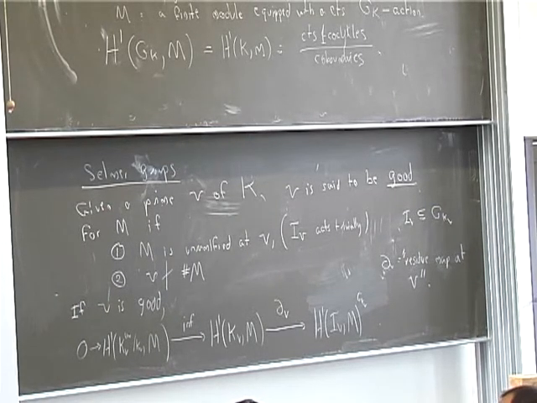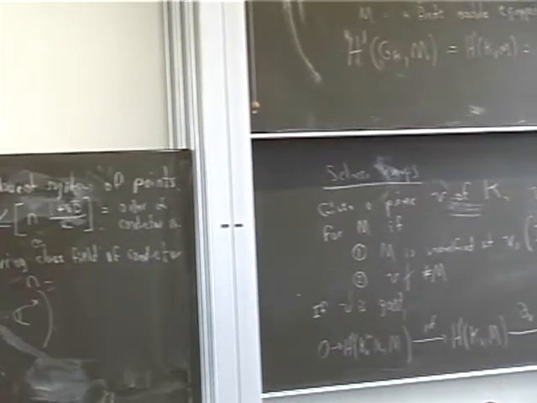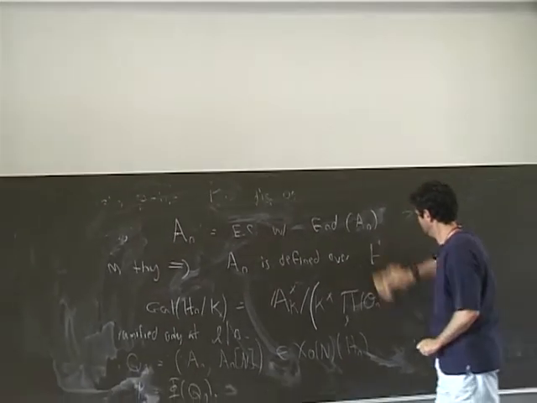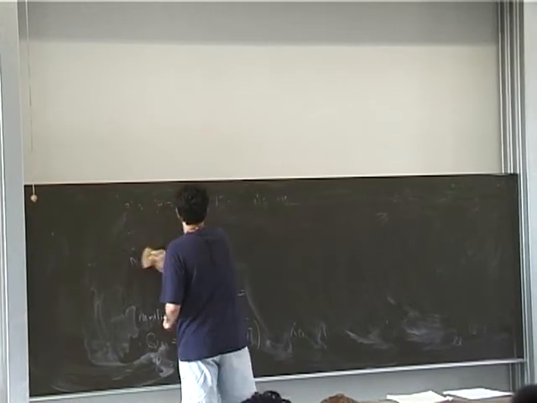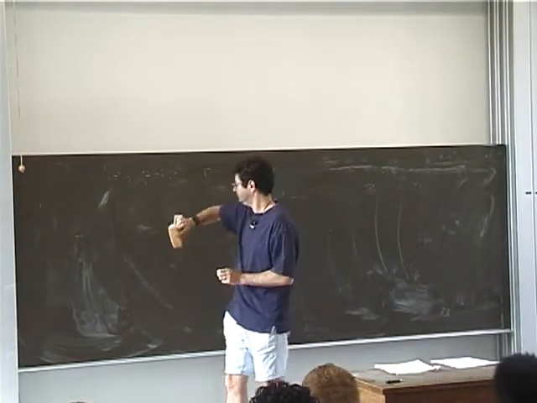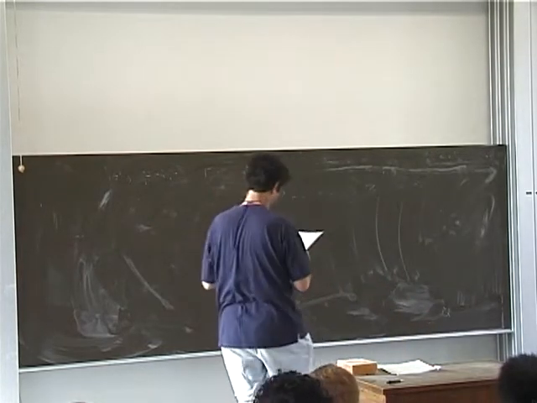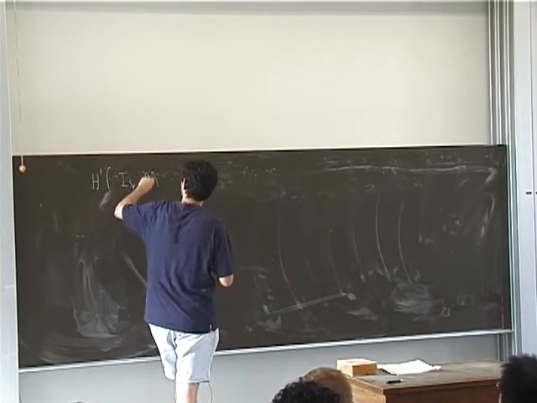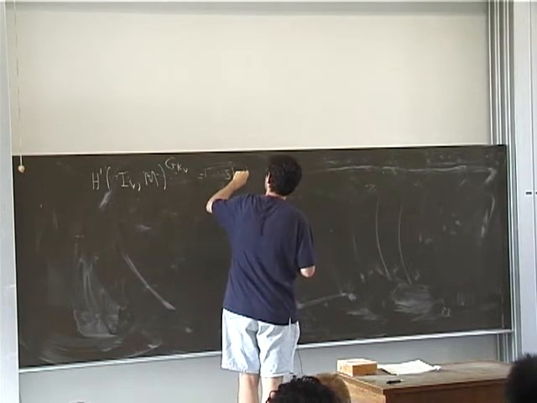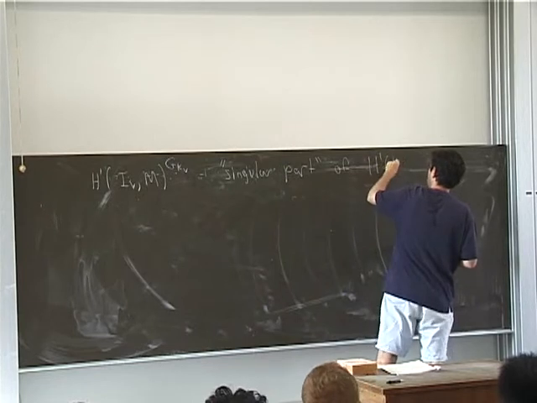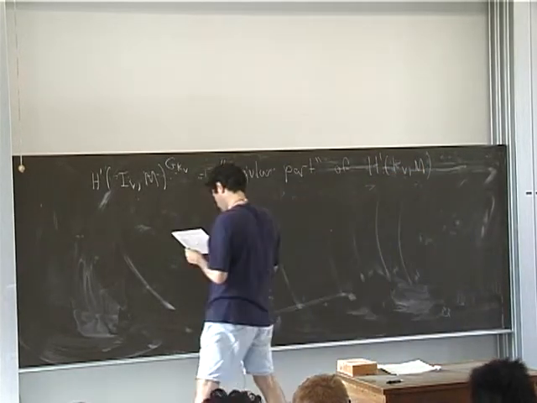So I'll call the image of the residue map the singular part of the local cohomology H^1(K_v, M).